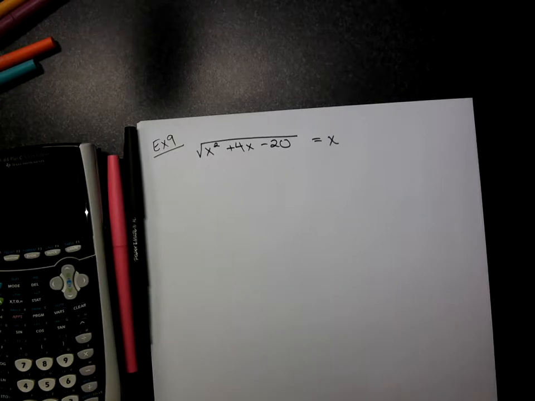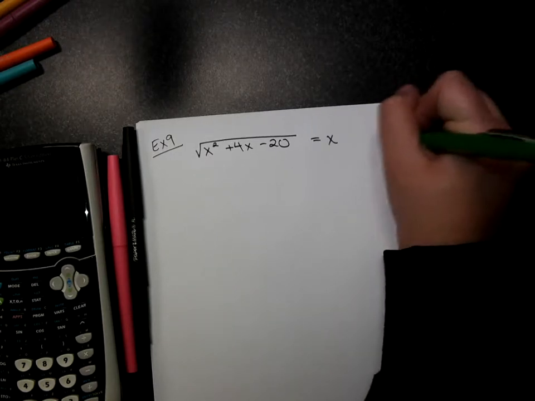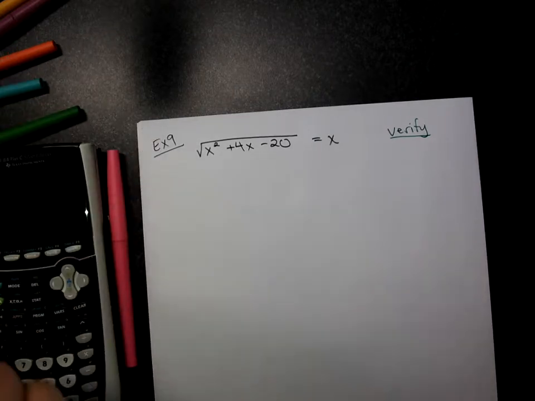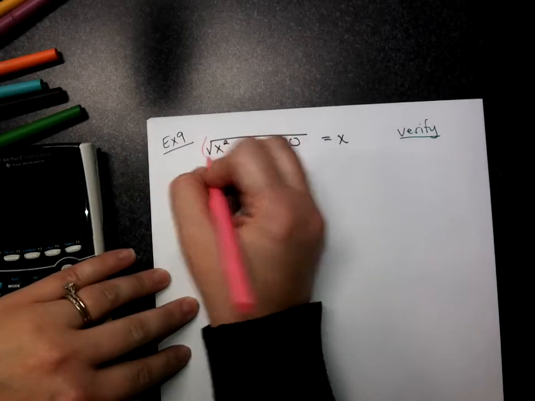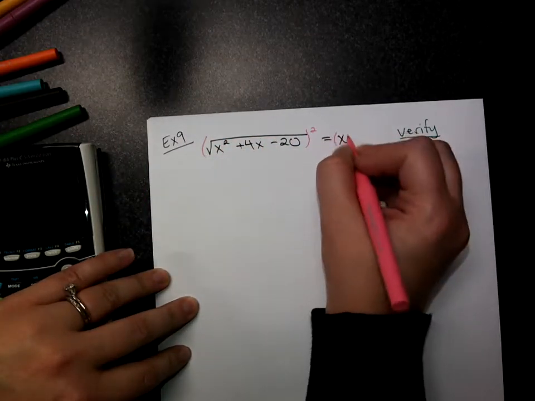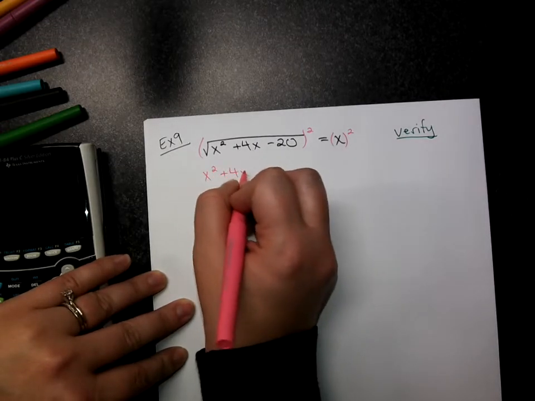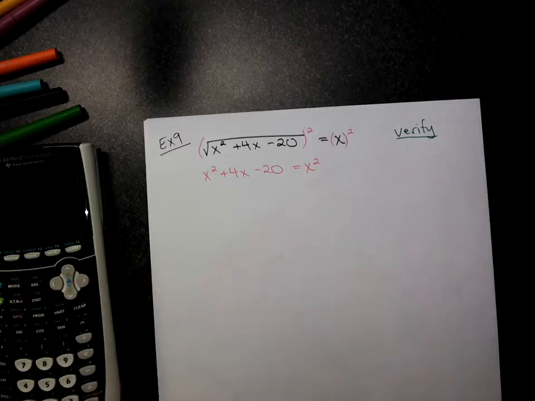And again, I'm going to write down verify over here. So the radical is already isolated. All I have to do is square both sides. So that's x squared plus 4x minus 20 equals x squared.